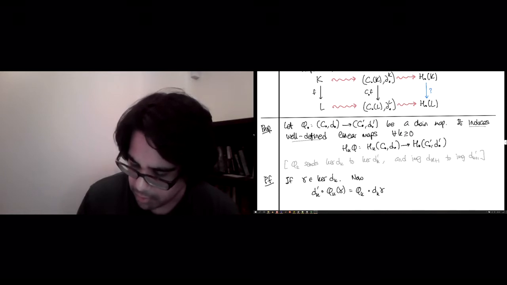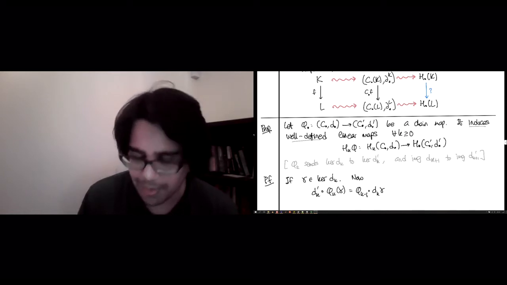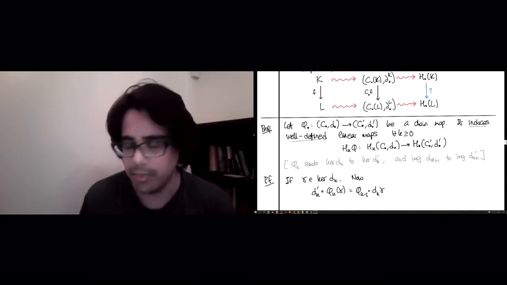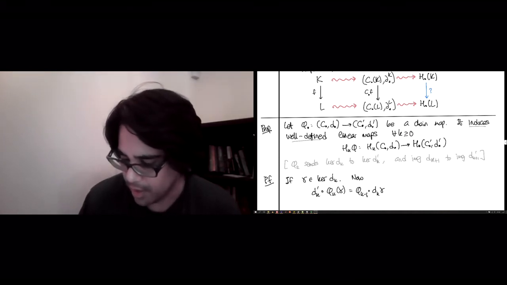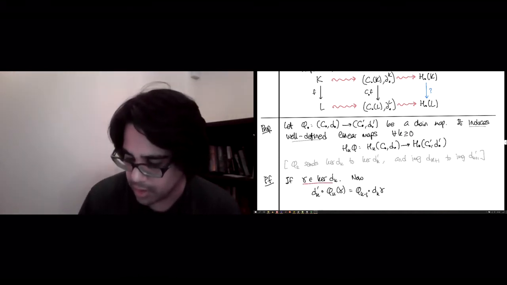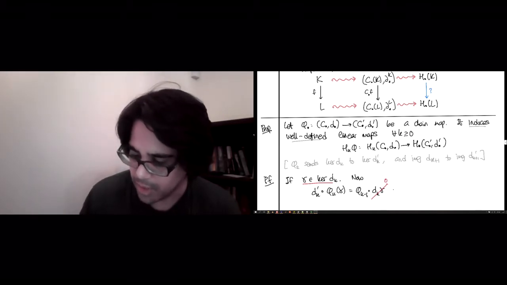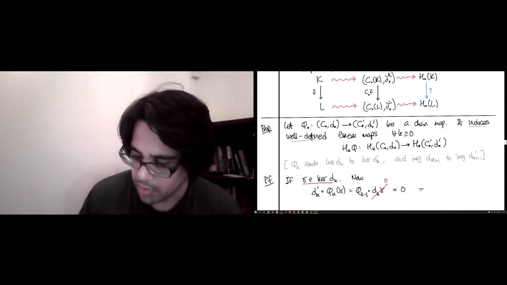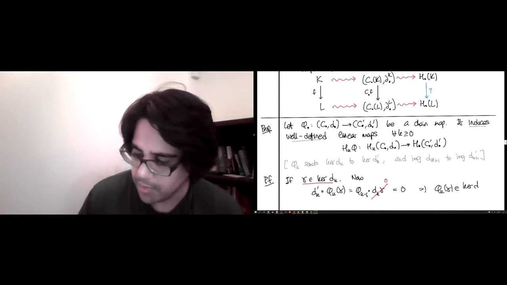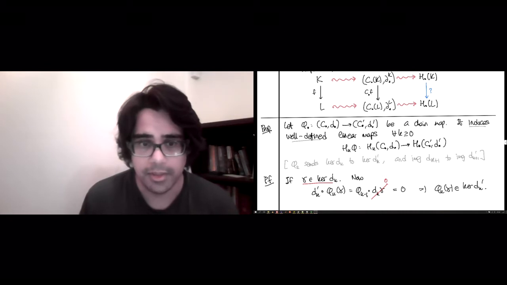But this, well, in degree k minus 1, but it's not going to matter because gamma is in the kernel of d_k, and the minute you hit it with d_k, this gives you a 0. So that whole thing gives you a 0, which means that phi_k of gamma is in the kernel of d_k prime, as was promised.